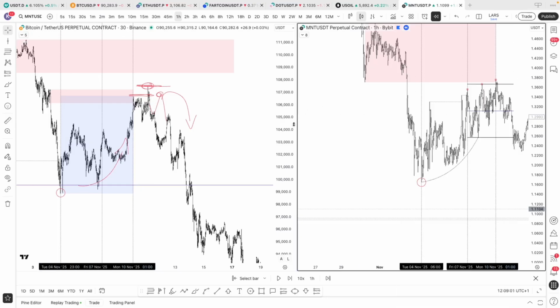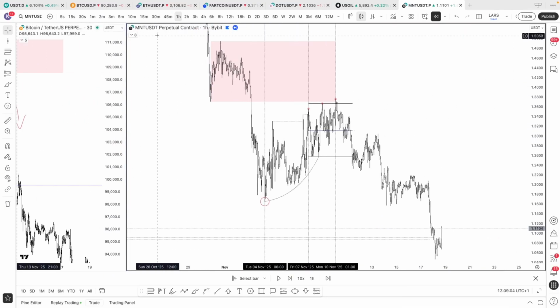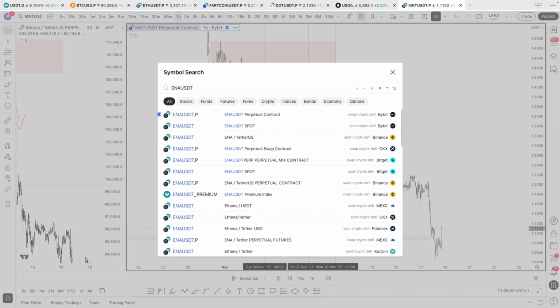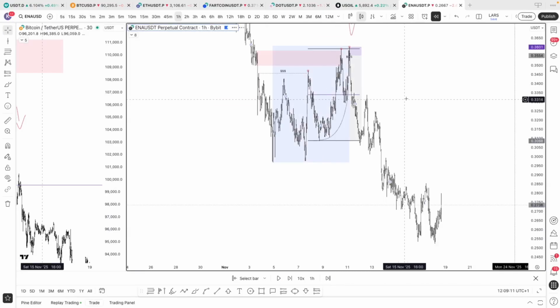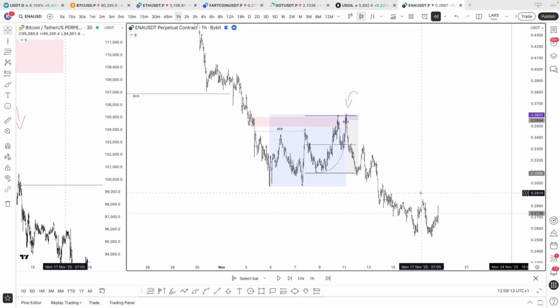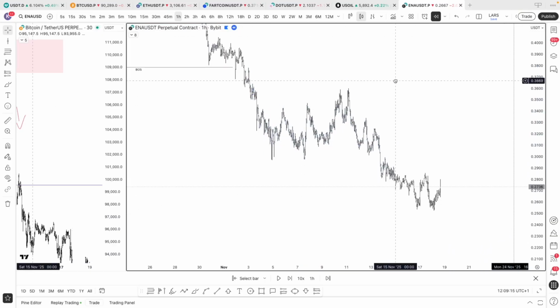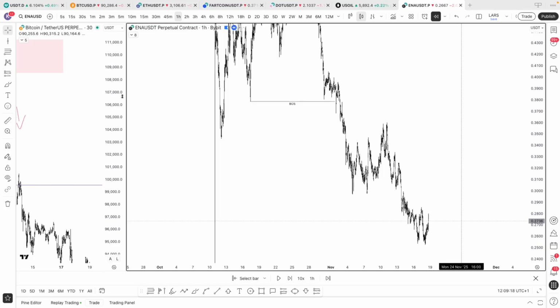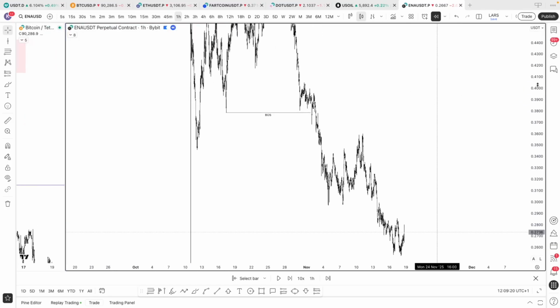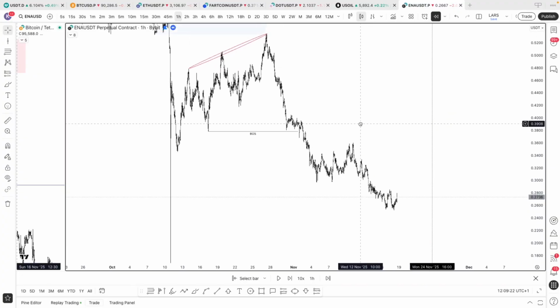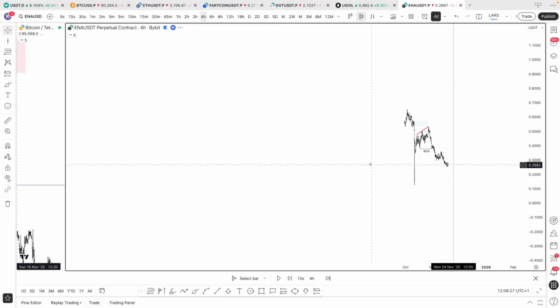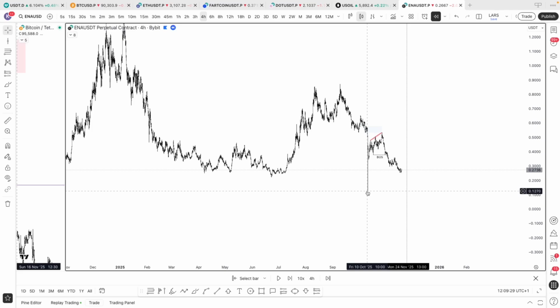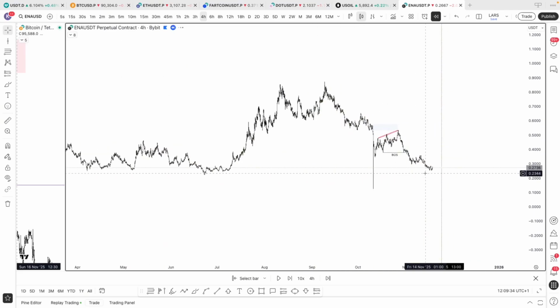And afterwards from here, we're having another potential setup. So what we can see is on ENA, we have the aggressive sell-off right there, creating that liquidation wick as Bitcoin was selling off on October 10th.